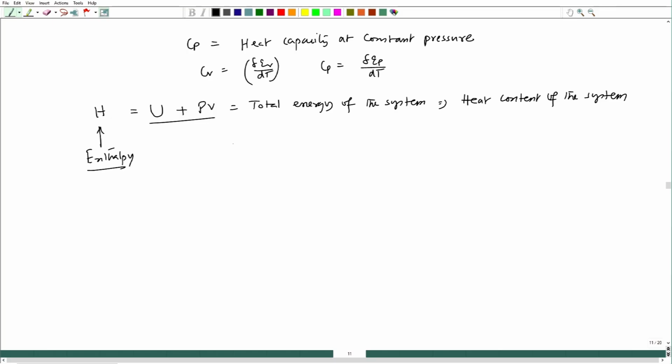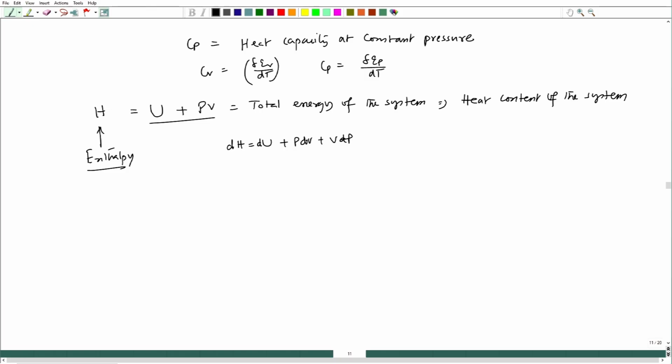Okay. So, this equation I can write like this: del H equal to, H is also a state function, del U plus P dV plus V dP. Why are we writing it like this? Because P is a state function, V is a state function, and U is also a state function.